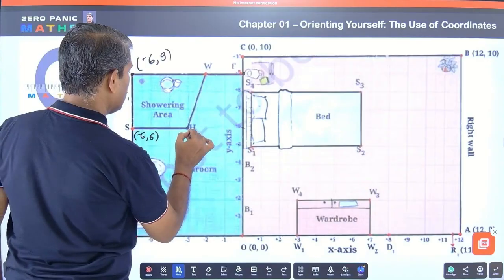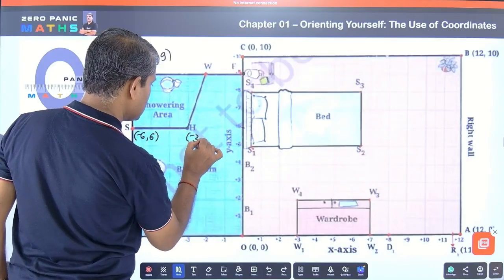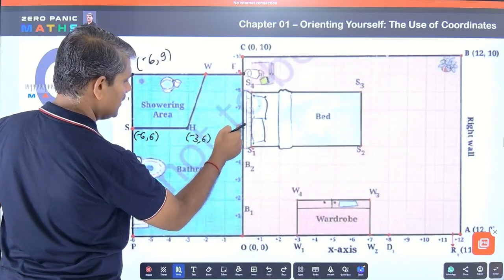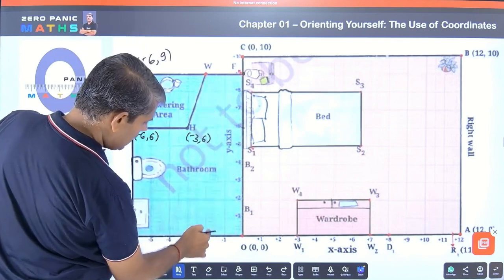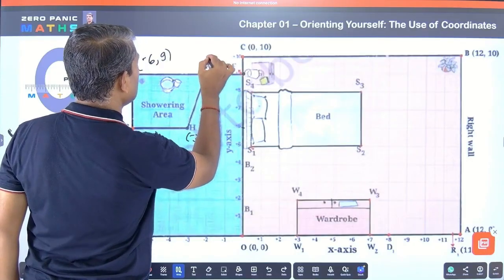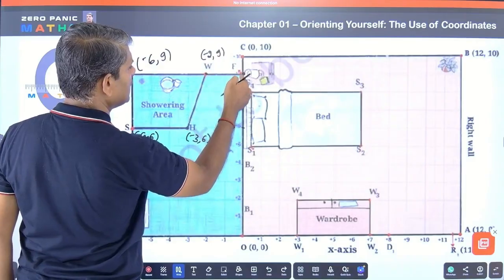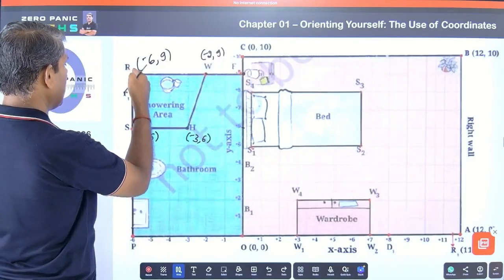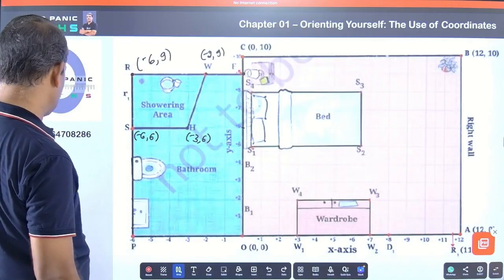H value is -3, and it is 6 towards the y-axis. And here it is -2. W is -2 and 9. We know that this is the y-axis. And R we already know that it is -6, 9.